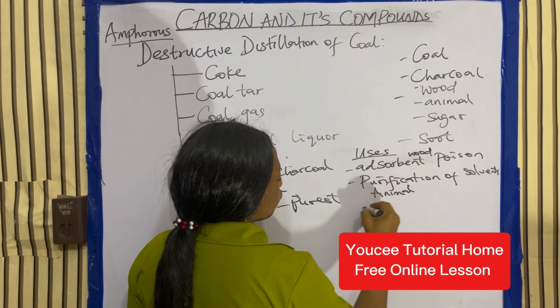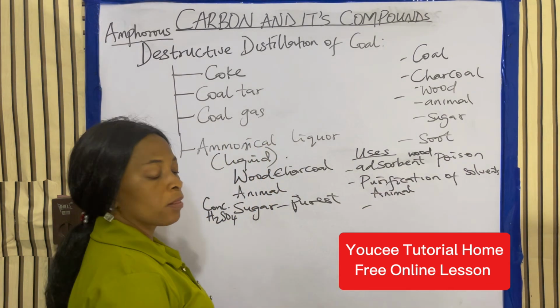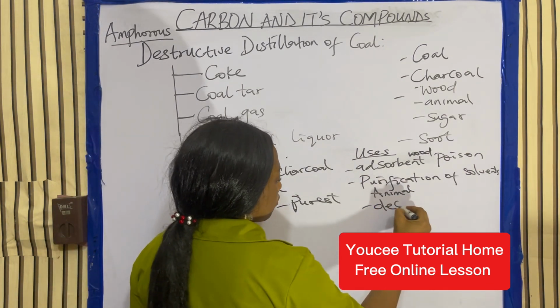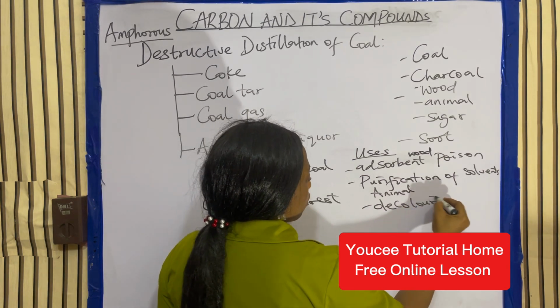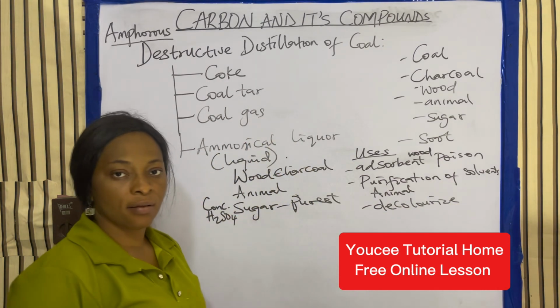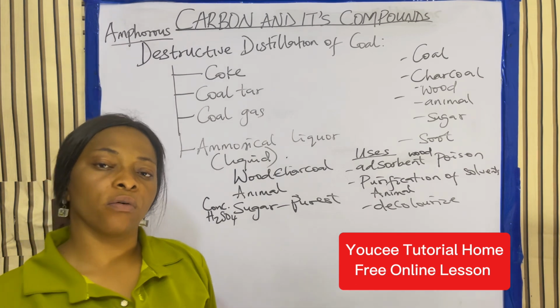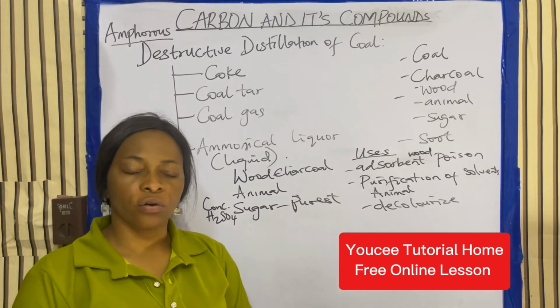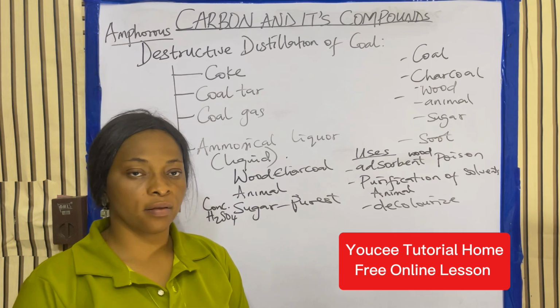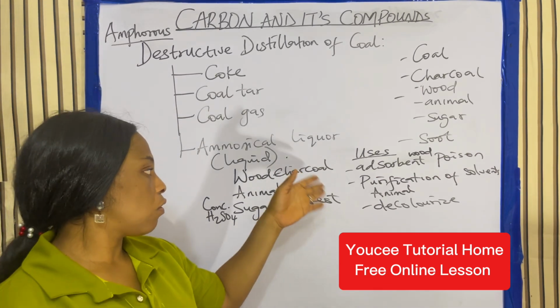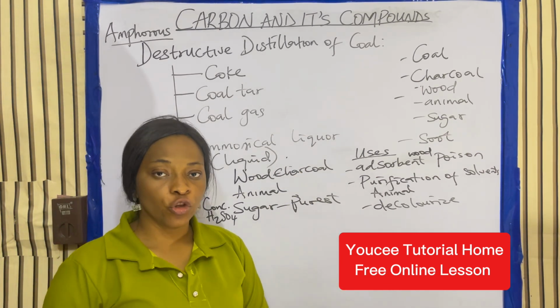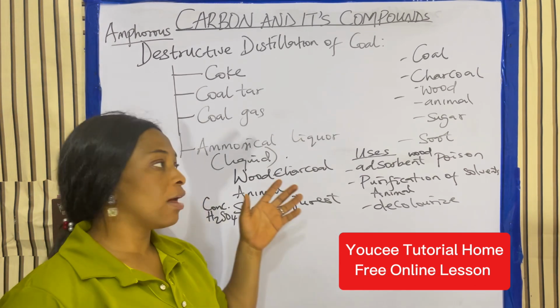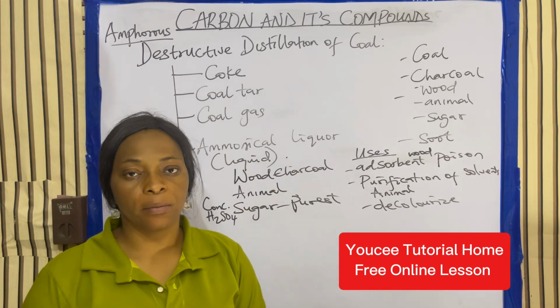Animal charcoal is used for decolorizing. Decolorize means to remove color from substances. So please take notes of this and their uses. Then we'll go to another type of amorphous carbon.